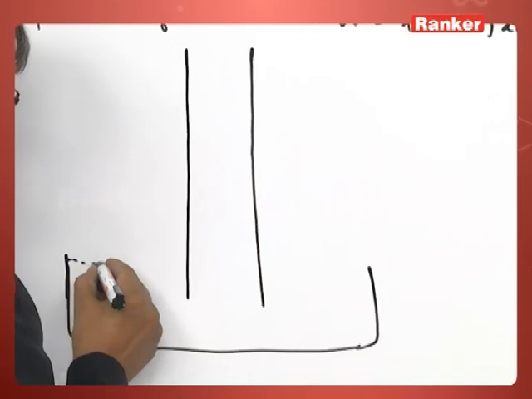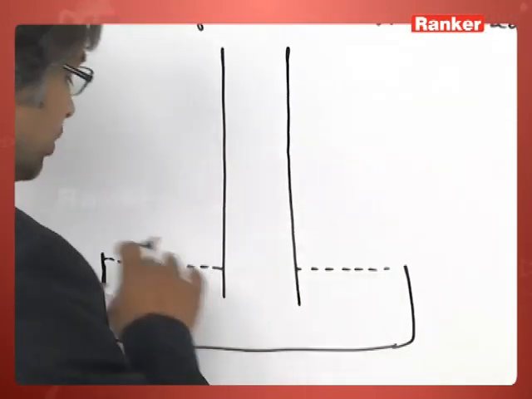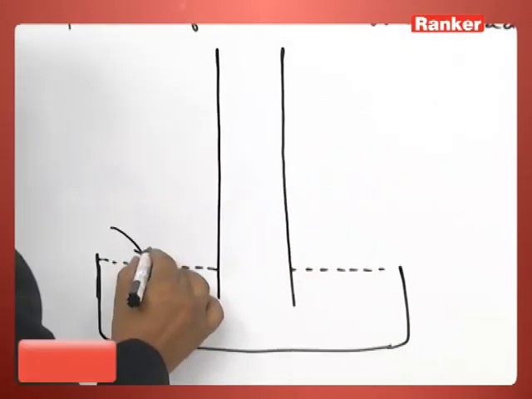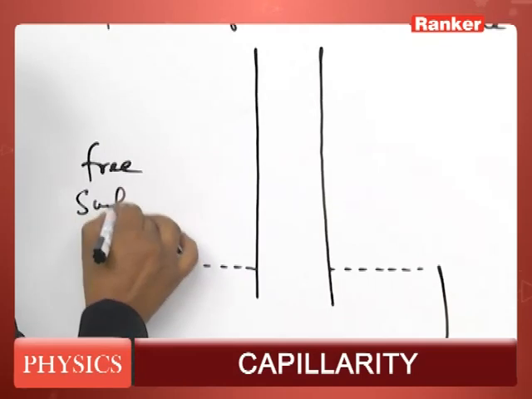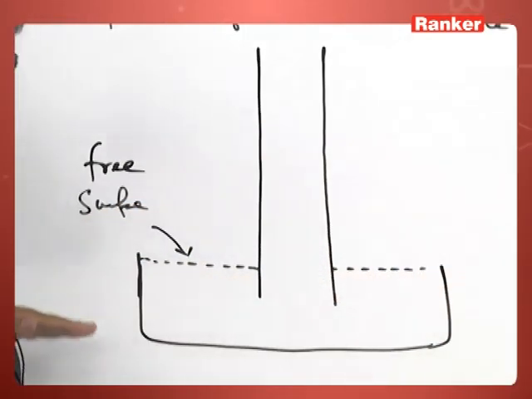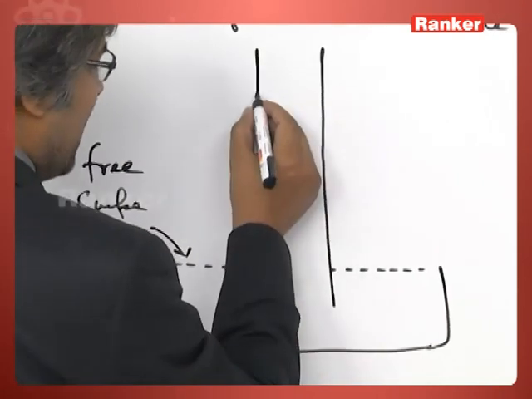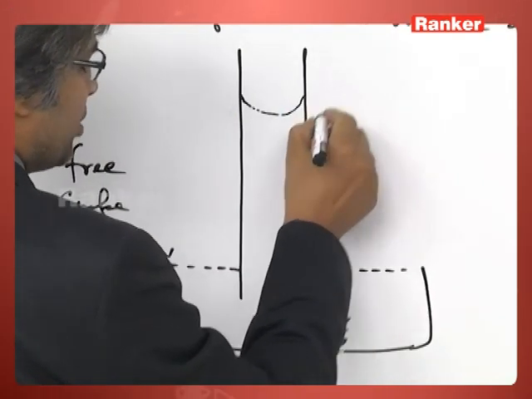You see this is, suppose, water. This is the free surface. Everywhere the water surface is up to here, but when I dip a capillary inside, the water will rise to this level, h height.